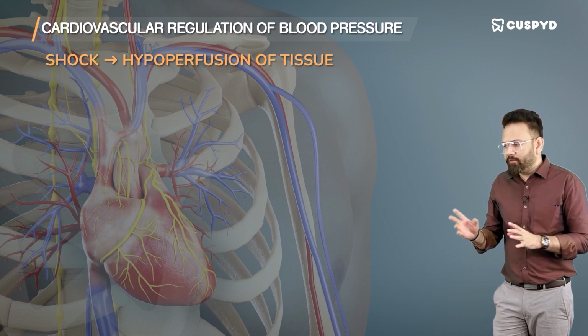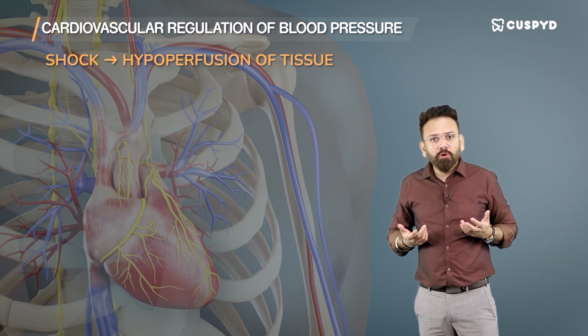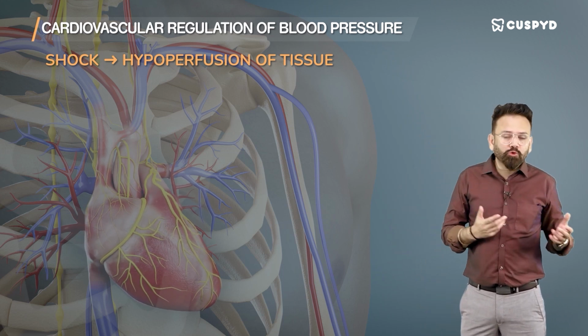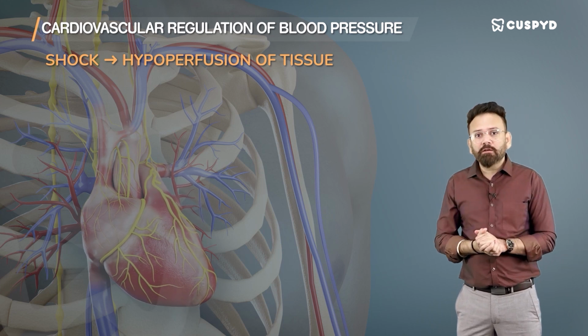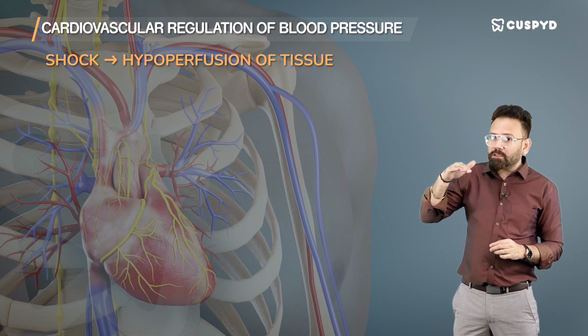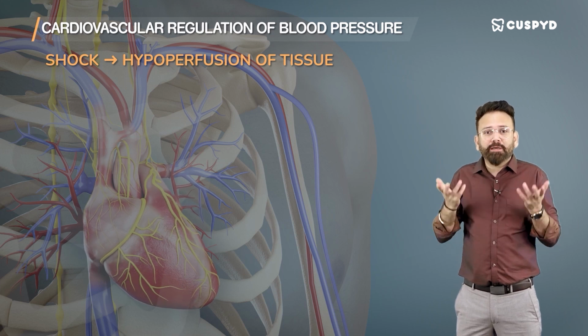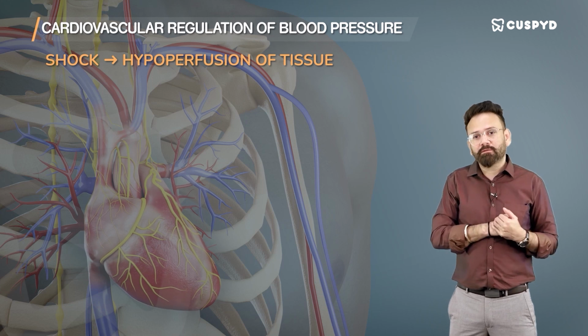Now you are living in a very sophisticated environment, but we were supposed to be in the jungles, and the only problem was that we could lose blood. Something could attack us and we could lose our blood. So the main mechanism is always to make your BP high. That is why all are having hypertension, because the main mechanism is always to increase your blood pressure.